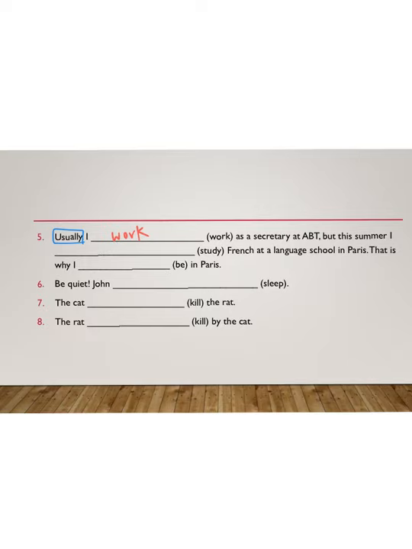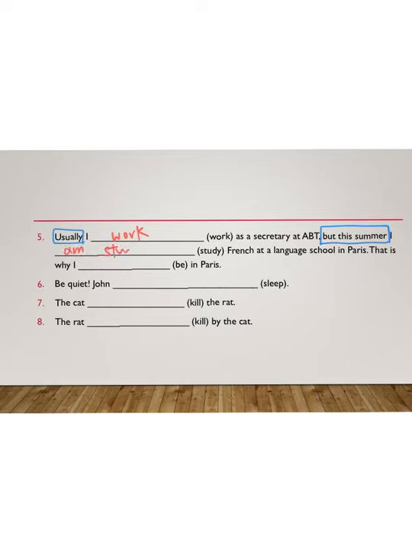And then here, but this summer. That means this is a temporary situation, something that is not true for a long time. That's why we have to use present continuous tense.